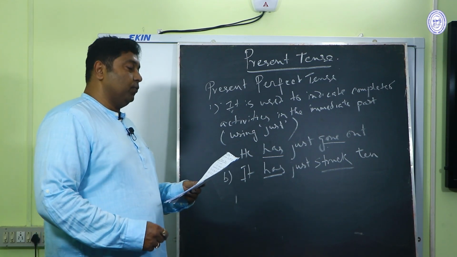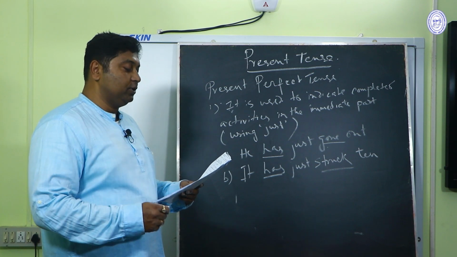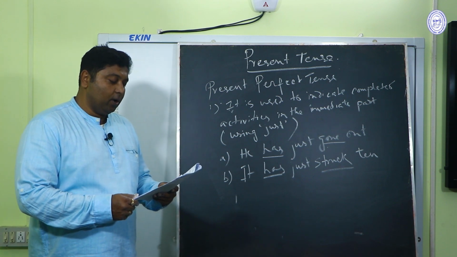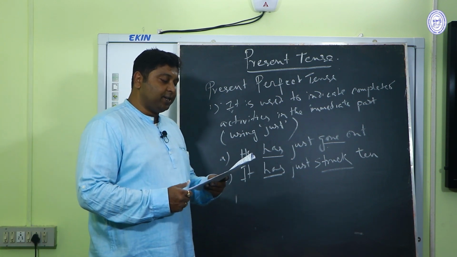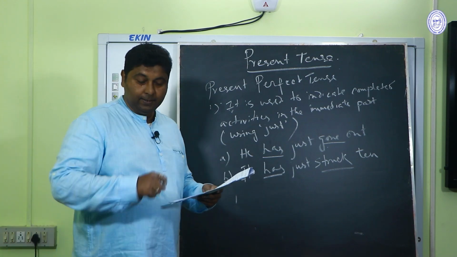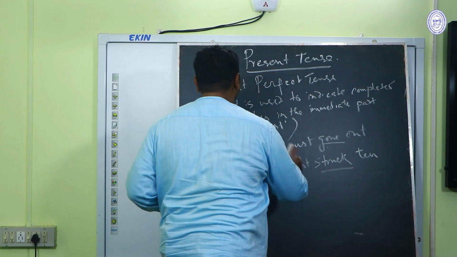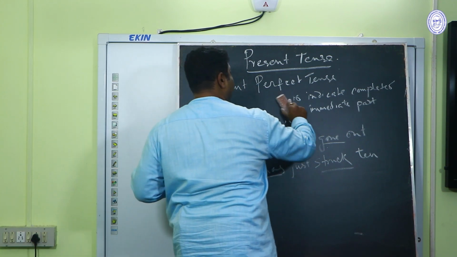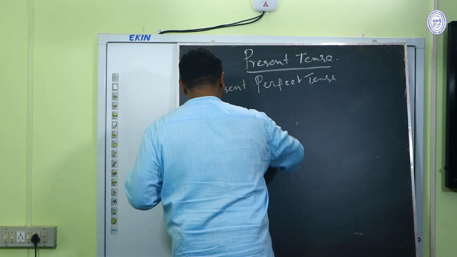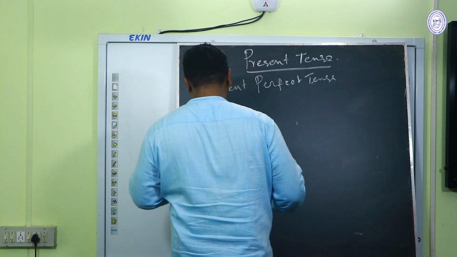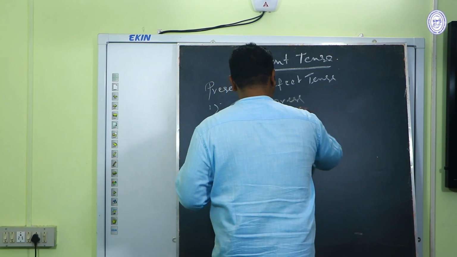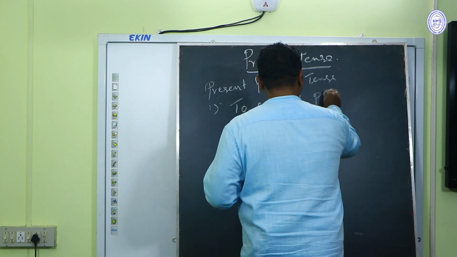In another case also, we can use the present perfect tense to describe the past action whose time is not given and not definite.